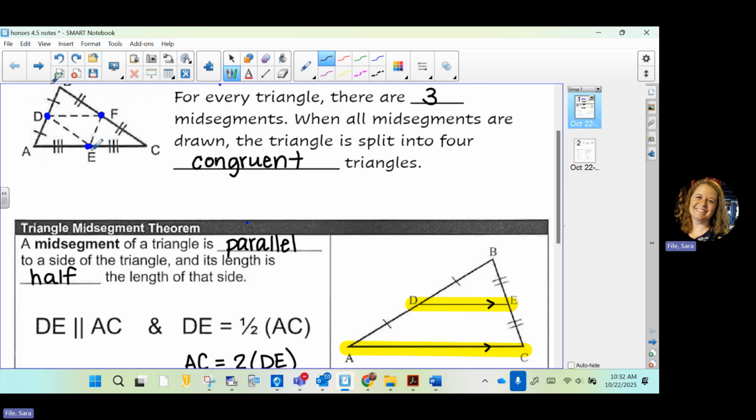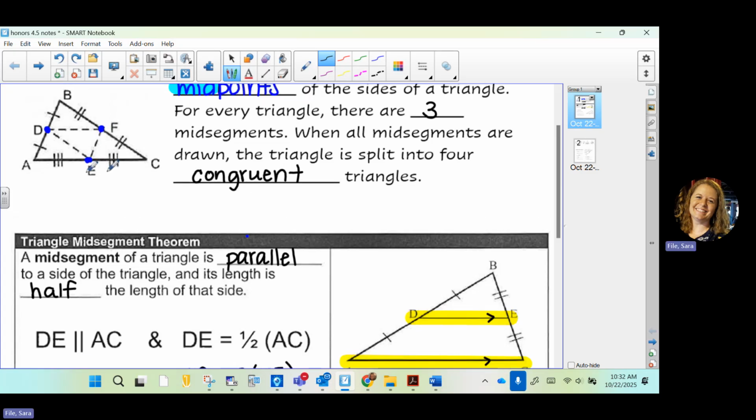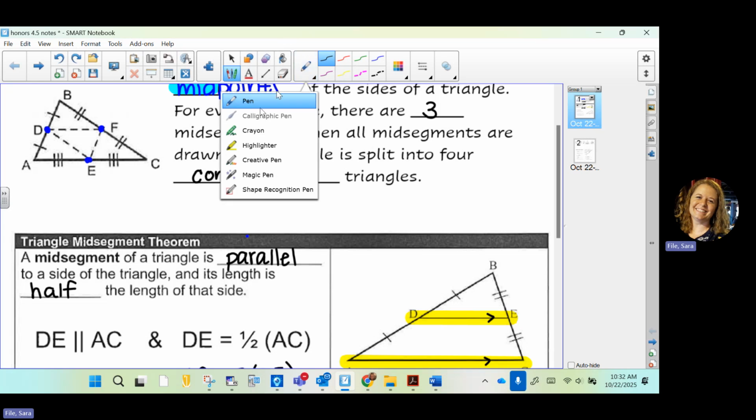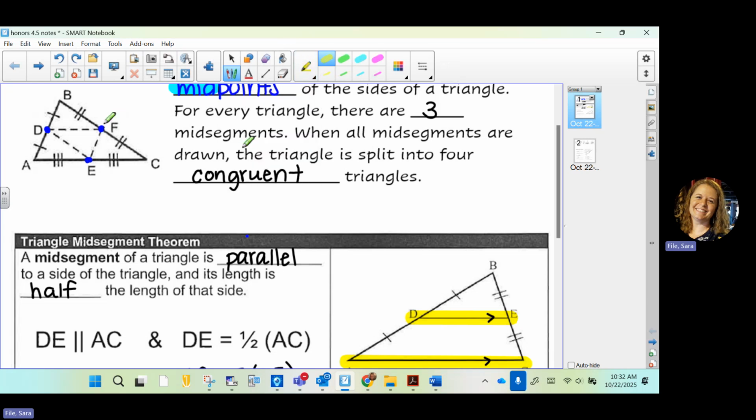If I'm looking at segment EF, what is it going to be half the length of? AB, okay? I'm going to highlight on here, but then erase. So don't highlight this stuff. I'm just using it to point something out, and then I'm going to get rid of it. So those are the two that are parallel for EF, right?